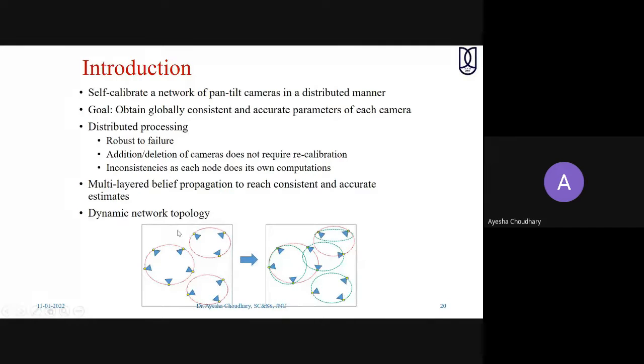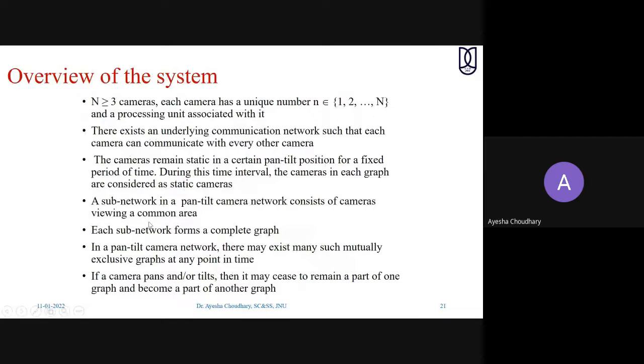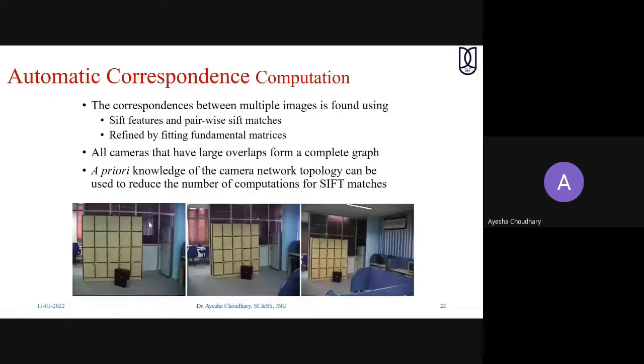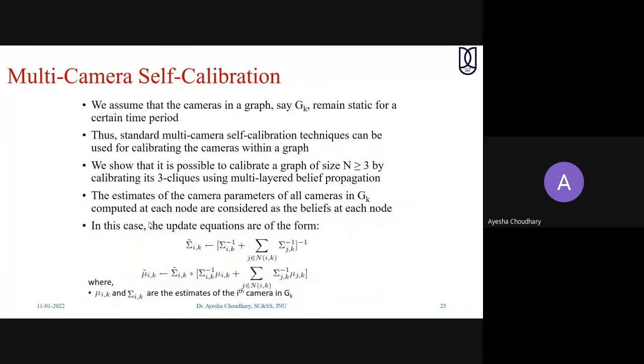It is a distributed system, and we want to calibrate every camera in the same coordinate system. So we really need to come up with a method where everything can be brought into one framework.